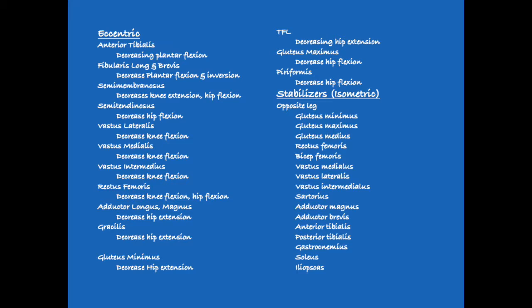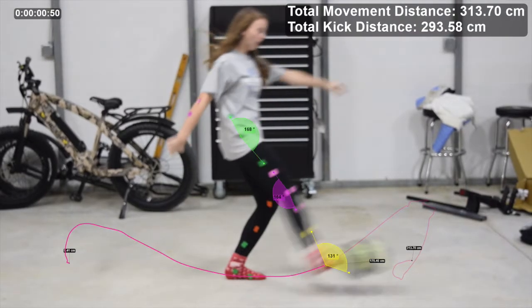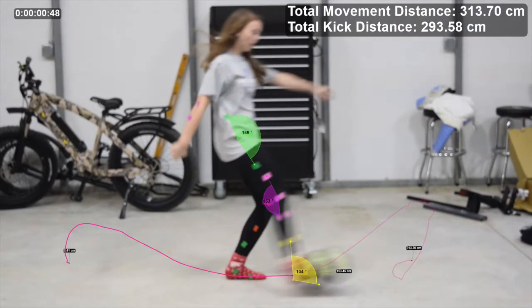Eccentric contractions are the anterior tibialis, the fibularis longus and brevis, semitendinosus and semimembranosus, vastus lateralis, medialis, intermedius, rectus femoris, adductor longus and magnus, gracilis, gluteus minimus, TFL, the gluteus maximus, piriformis. Stabilizers during this motion are the same as every other kicking phase. During this motion, you will also see that the prime movers and the secondary movers can swap between concentric and eccentric contractions depending on when used.